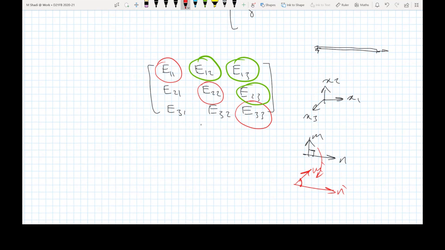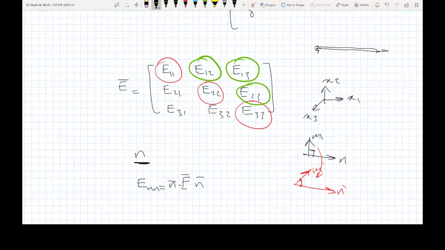So for a general vector n, if you want to find the change in the length in the direction of the vector n, you multiply the strain tensor with n from left and right. These are all vectors. So you get the change in the length in the direction of n.